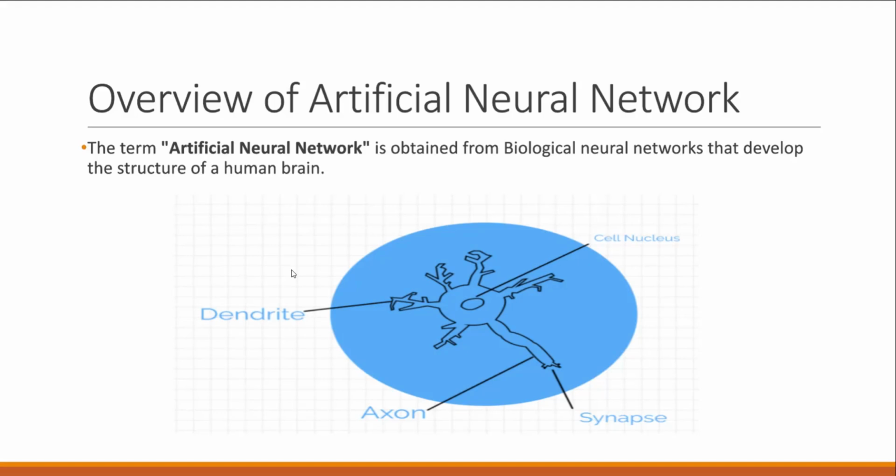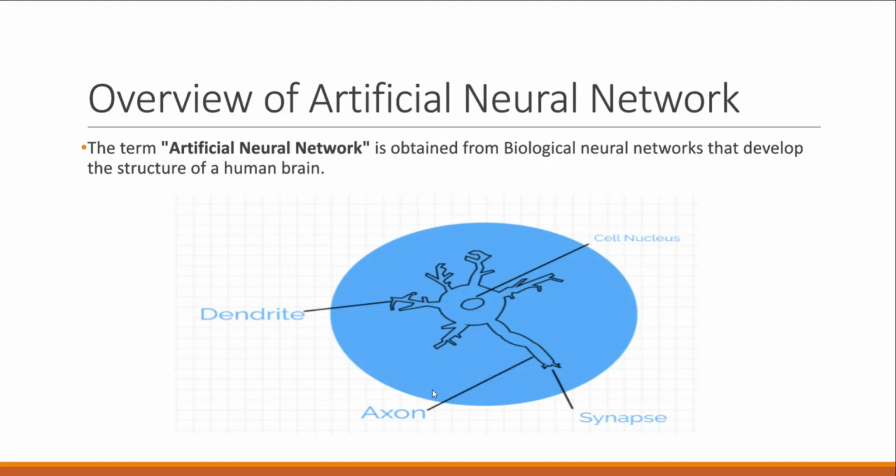Like the human brain has neurons interconnected to one another, and the human brain consists of neurons that send information to various parts of the body in response to an action performed. Same in the case of artificial neural network, they also have nodes, which are also known as neurons, that are interconnected to one another in various layers of the network.